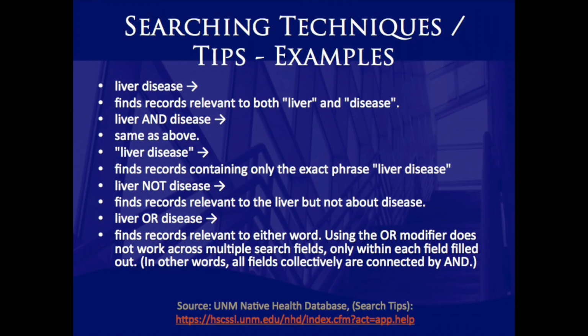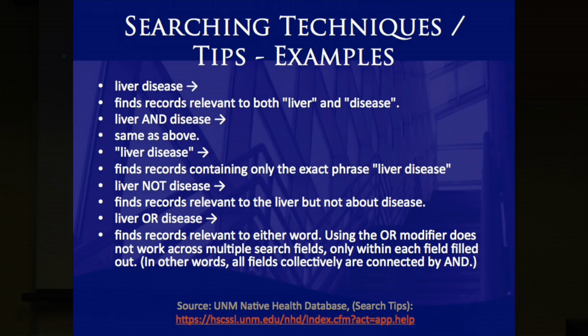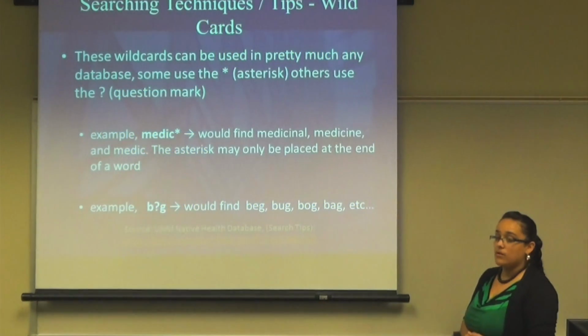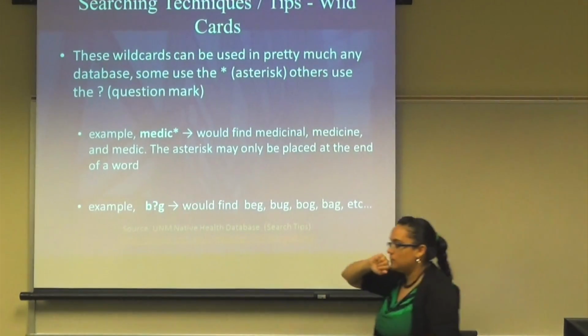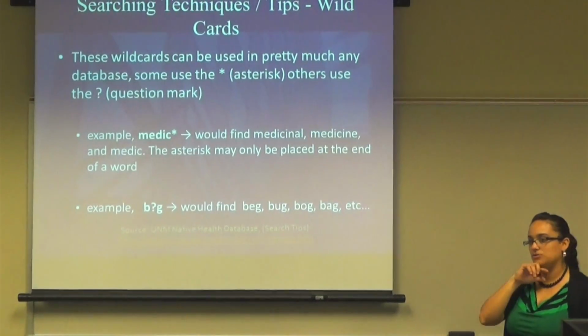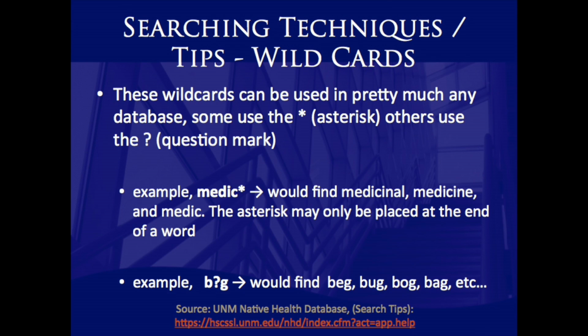Perfect. Your wildcards are going to work in the following manner. We've got the asterisk, which I told you about. The asterisk works kind of like this. We are looking for a word that starts with medic in this example here, and you're not too sure how it's going to end in your article.